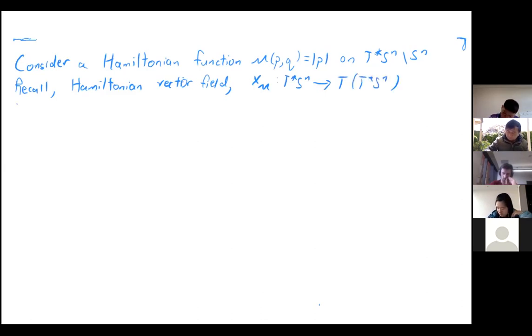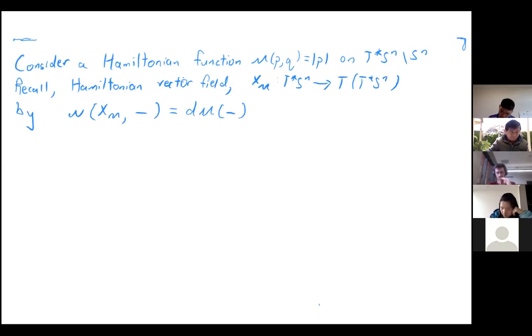How do you find it? You take your area form and contract it with your vector field, and this should be the same as applying d to your function, so these two should agree.